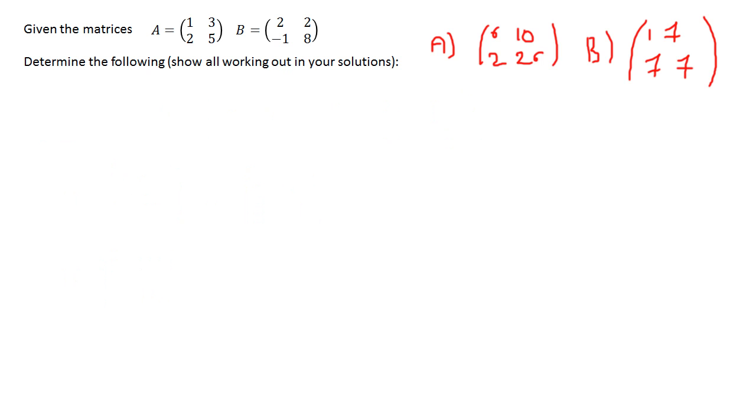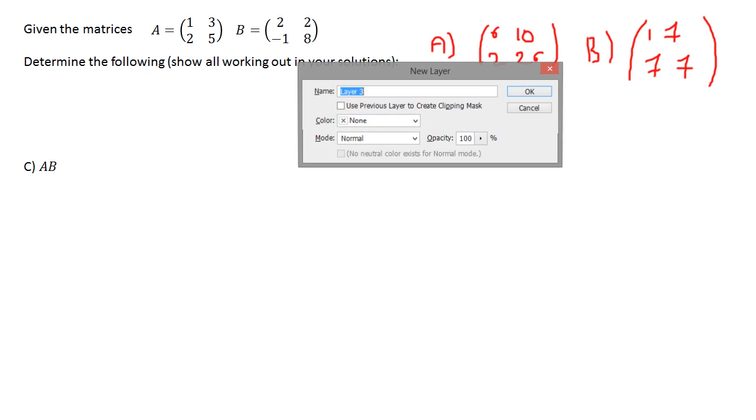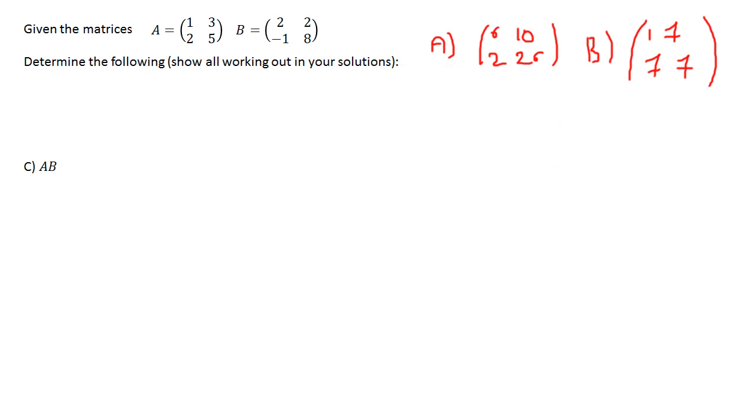Now for part C, we've got A times B. So we've got to use the rule I taught you in the last video called RxC, row times column. This is very important, and when working with matrices it's the best thing to remember because it works in various parts of the actual matrix theory.